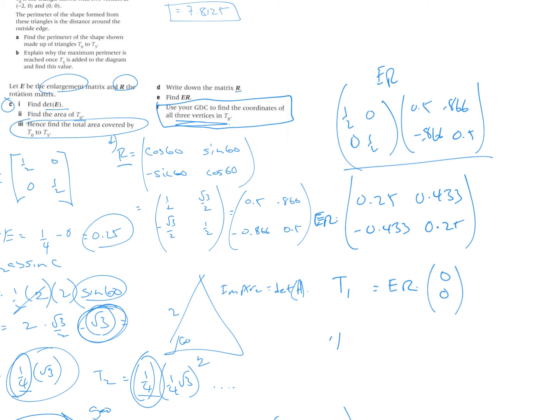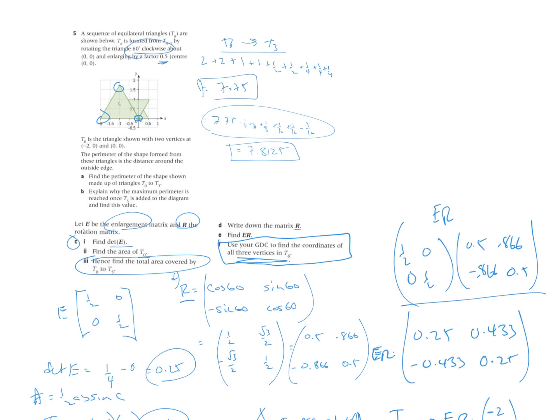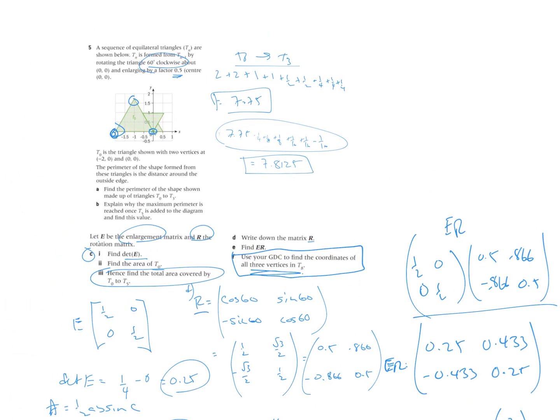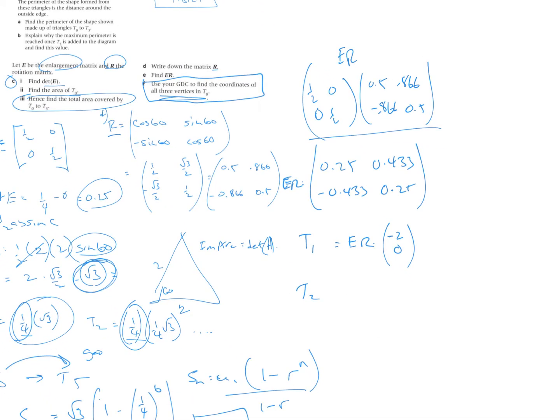If I want to get the T1 vertex for another point, granted 0, 0 is not the best example, let's use the -2, 0. And so if we multiply that, then we're going to end up with where this one goes, which should be here, and so on.